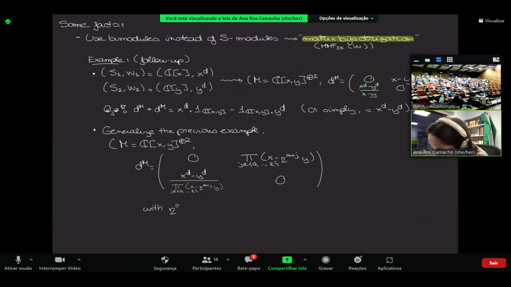With eta being a primitive d-th root of unity, L can go between 0 and d minus 1, and M, again, a root of unity.